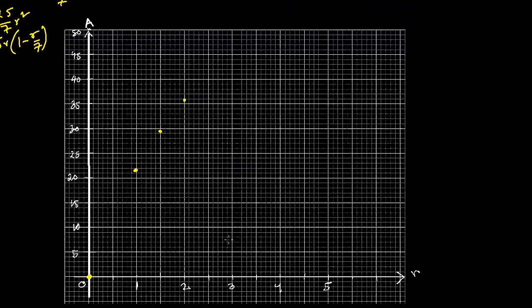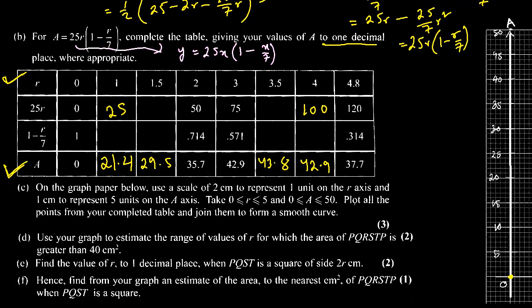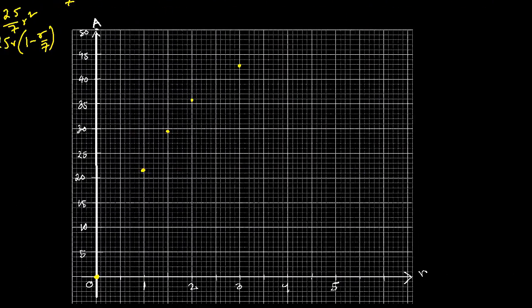So when we have 3, we have 40, 41, 42, almost 43. So we have 42.9. Next, when we have 3.5, we have 43.8. So 3.5, we have 43.8, 40, 41, 42, 43, somewhere around here.